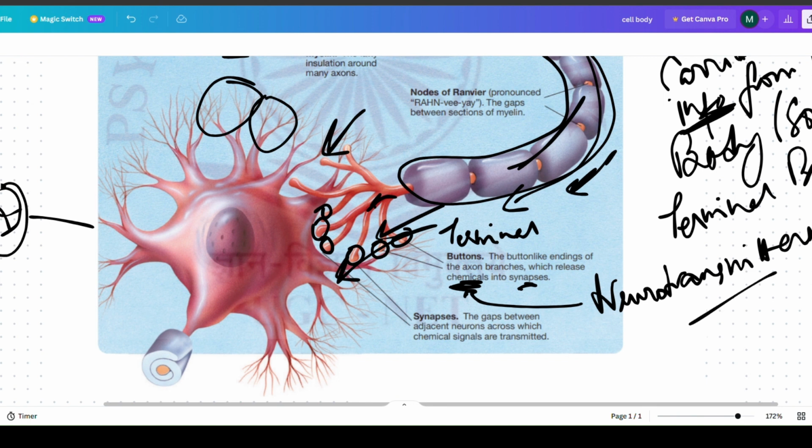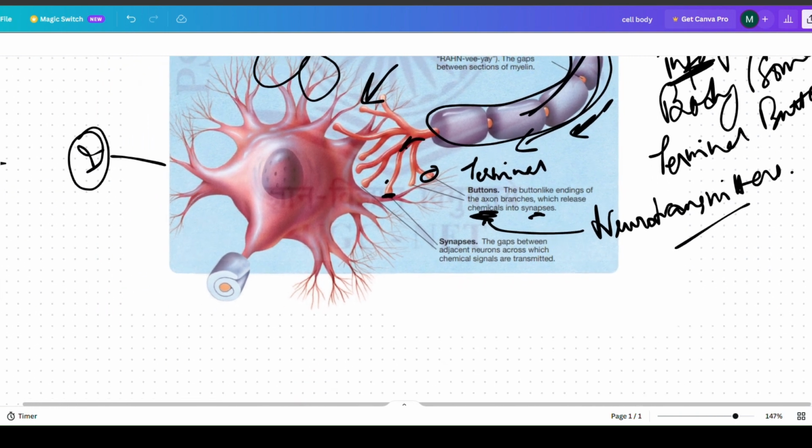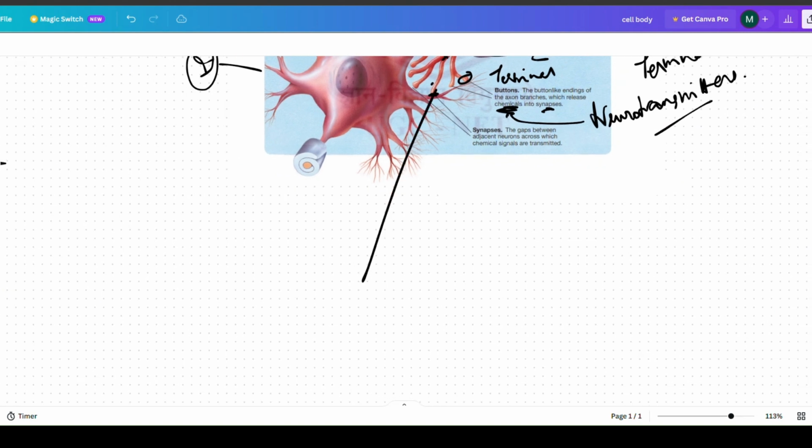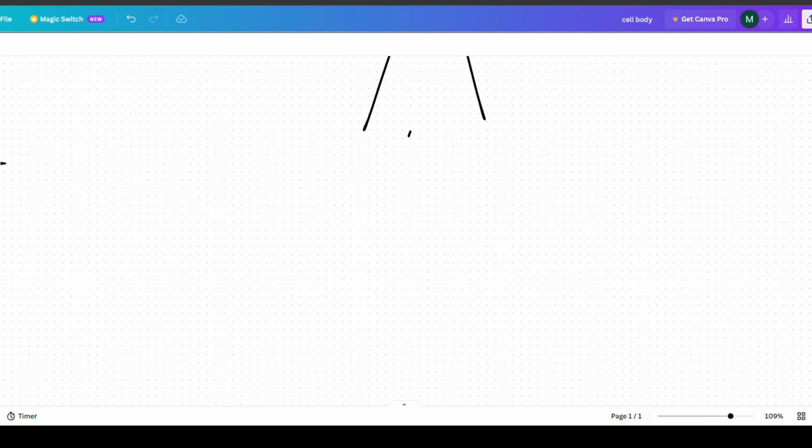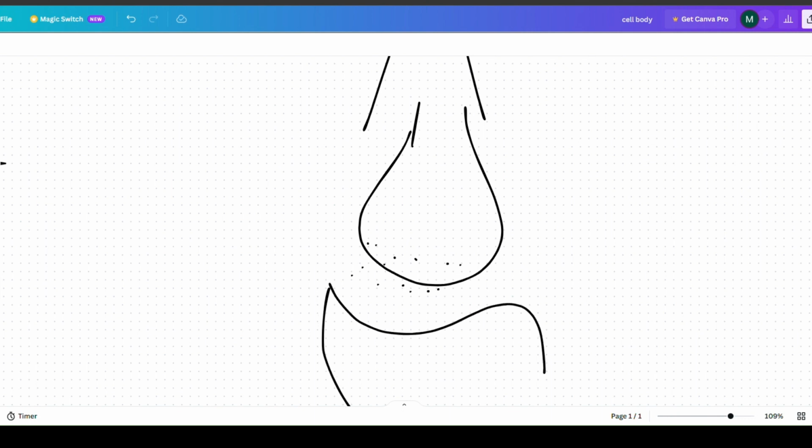Now the synapse is this. The synapse is the space between the terminal buttons and the dendrites of the next cell. If I zoom in, this is one cell with its terminal button, and this is the accepting cell.